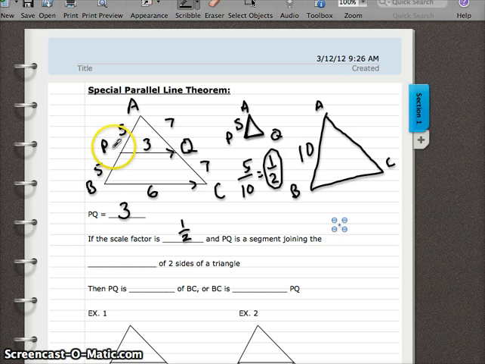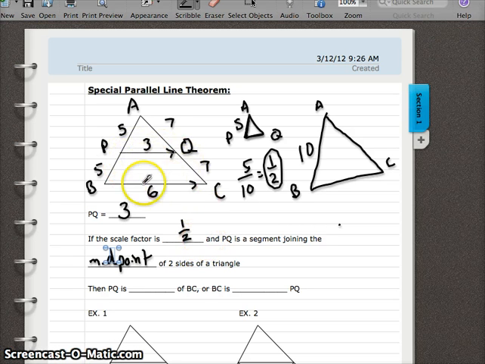There's a couple of ways we can think about this. One is that P is right in the middle of AB, so P is a midpoint. So if we have a segment that's joining the midpoints of two sides, so PQ is joining the midpoints P and Q, right? And the scale factor is 1/2.